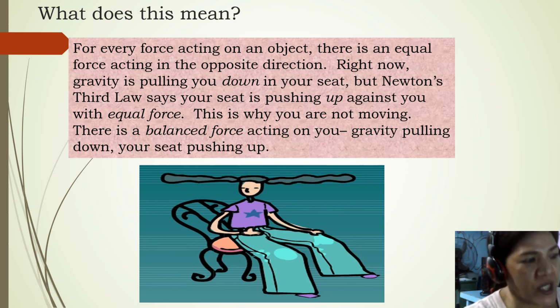For every force acting on an object, there is an equal force acting in the opposite direction. So right now, gravity is pulling you down in your seat, but Newton's third law says that your seat is pushing up against you with equal force. So this is why you are not moving. There is a balanced force acting on you, gravity pulling down, then your seat pushing you up.